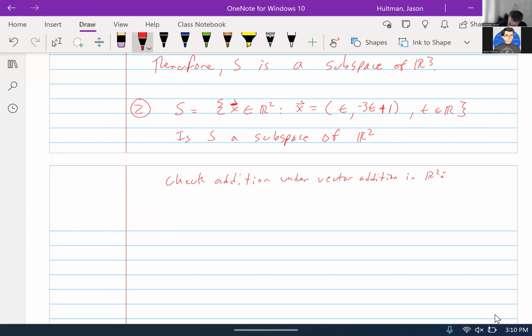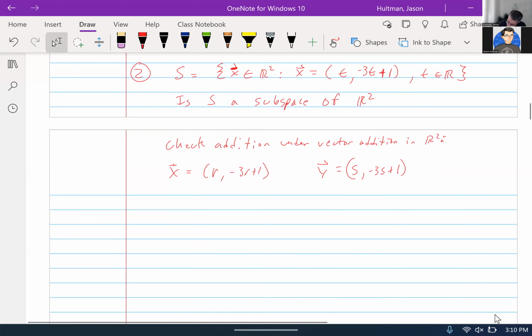I'm going to take X again to be R, negative 3R plus 1, and Y to be equal to S, negative 3S plus 1. I'm going to add these together, X plus Y. That's going to be equal to R, negative 3R plus 1, plus S, negative 3S plus 1.